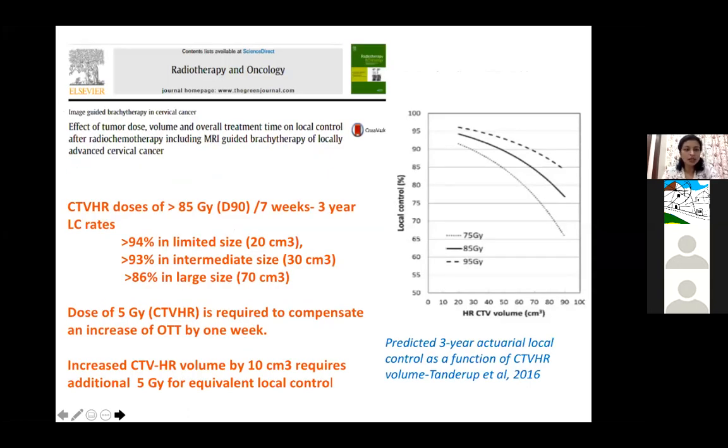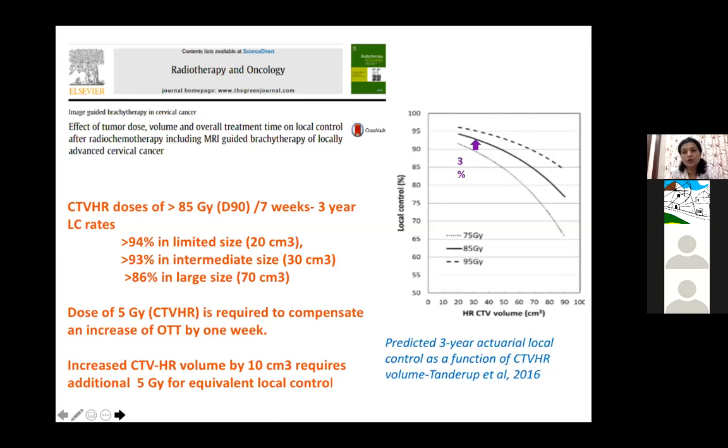So what are the results using MR guided brachytherapy? We have results from the retro EMBRACE. The retro EMBRACE showed us that if we have doses of more than 85 gray given over the time period, that is respecting overall treatment time of 7 weeks, the 3-year local control is more than 94% for tumors which are limited.